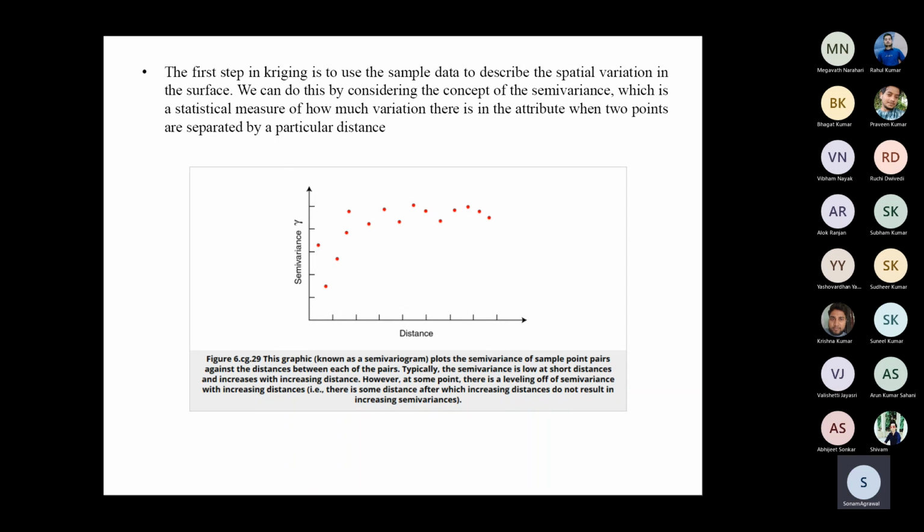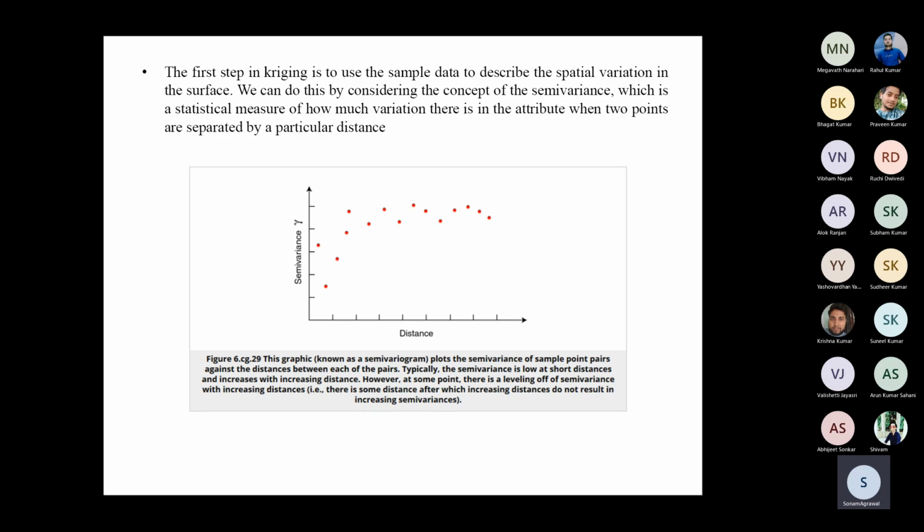So I am just giving you a brief overview of kriging. For any parameter, as you can see on the screen, the semivariance is computed based on the distance. There is a formula of semivariance, and on the basis of that, this whole graph gets plotted.